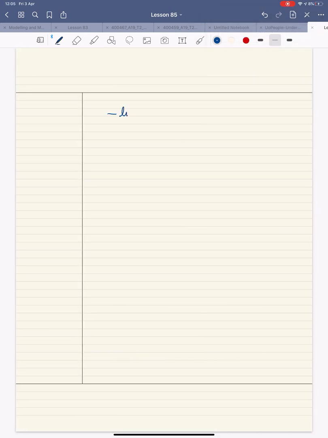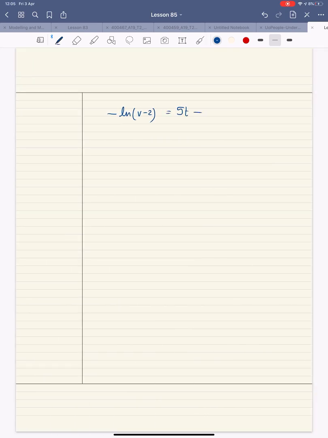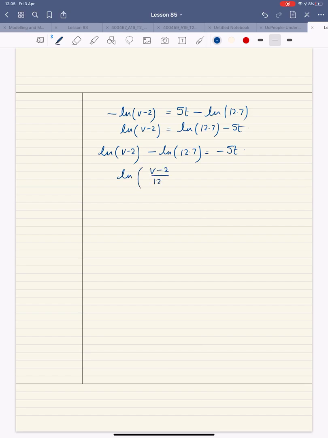So I've got minus ln of v minus 2 equals 5t minus ln 12.7. We need a v. I'm going to multiply both sides by minus 1. So we get ln of v minus 2 equals ln 12.7 minus 5t. I'll collect the lns together. ln of v minus 2 minus ln 12.7 equals minus 5t. So ln of (v minus 2 over 12.7) is minus 5t.